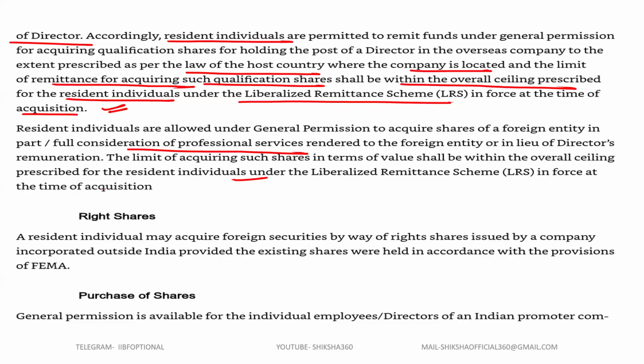Clear? The limit of acquiring such shares in terms of value shall be within the overall ceiling limit prescribed for the resident individual under the liberalized remittance scheme in force at the time of the acquisition.